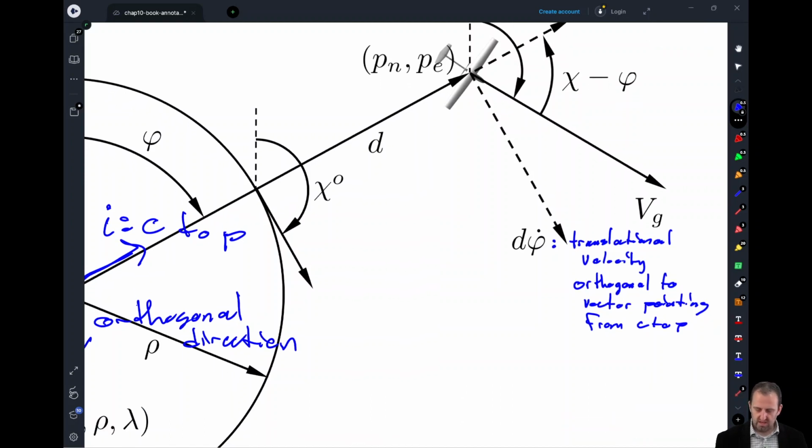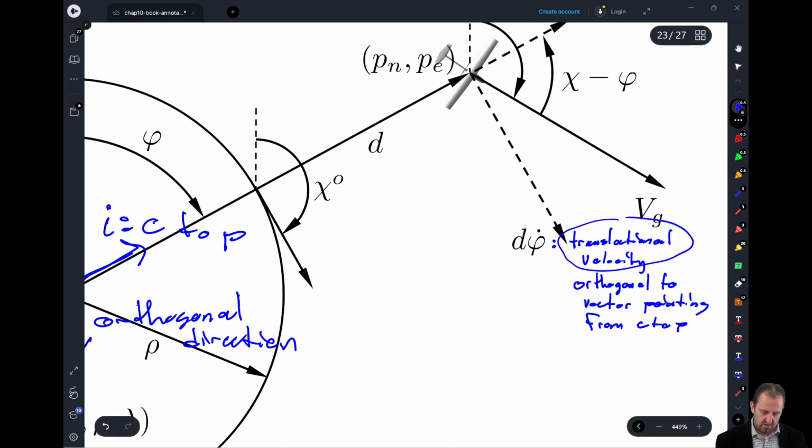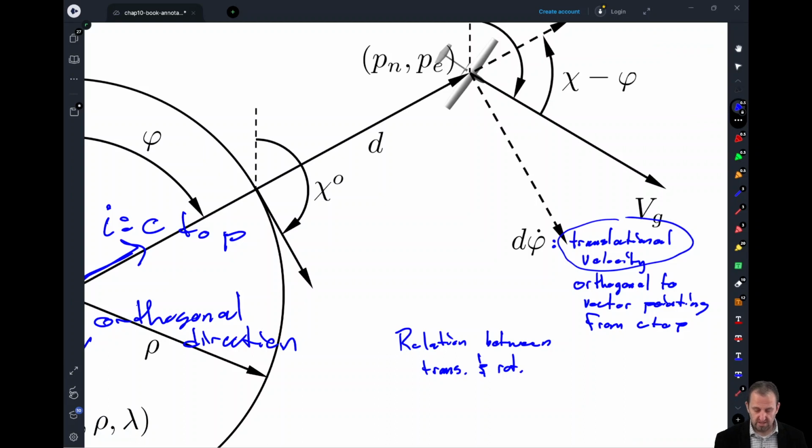And we can note our phi dot. If we look at the relationship between translational and rotational velocities about a circle, if we're staying on a circle, note that this translational velocity instantaneously is going to be along a circle, parallel to the vector chi super naught.